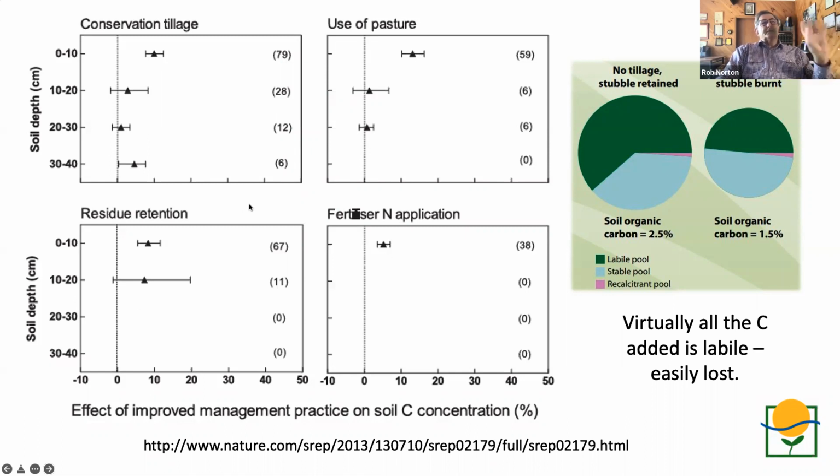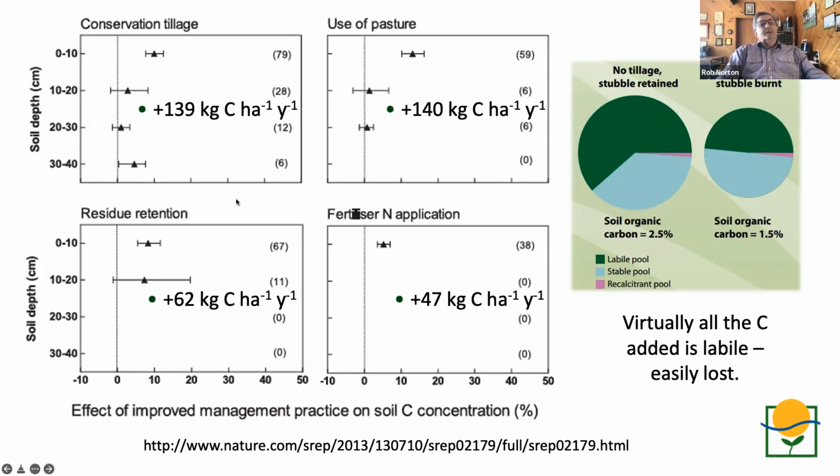So there were benefits. Those strategies did improve soil carbon, but how big was that improvement? Well, we said from the Darlin site it was 170 kilograms of carbon per hectare per year. This analysis says that it had about 140 per hectare per year for conservation tillage from the experiments that they looked at.